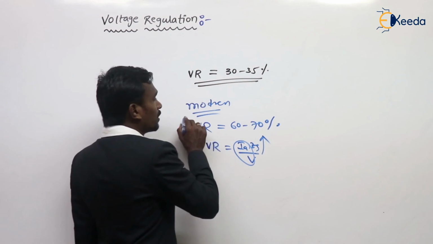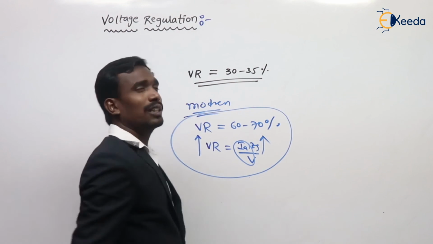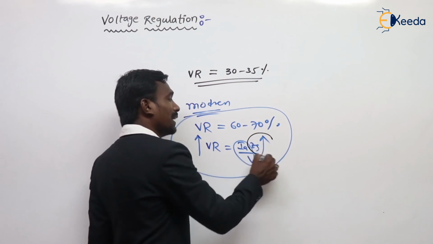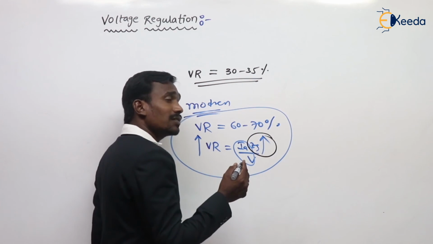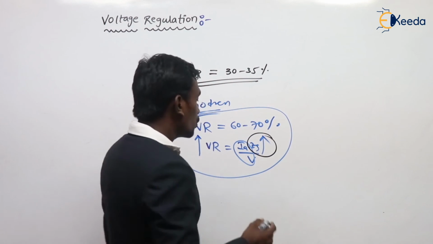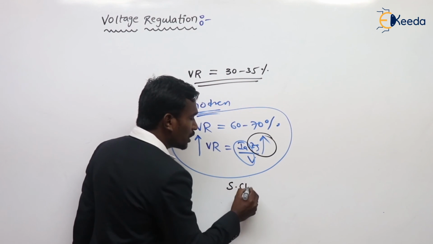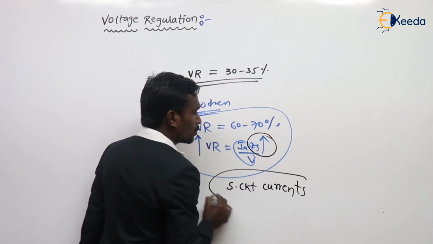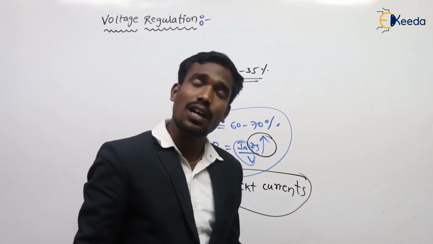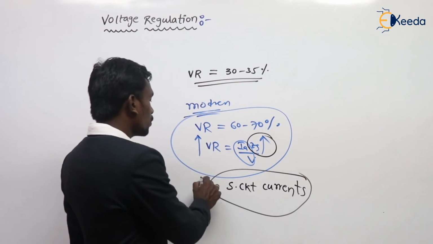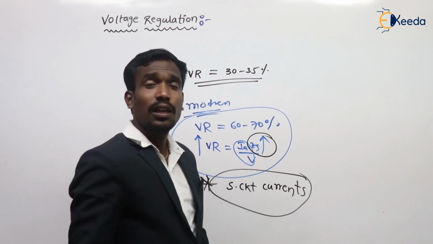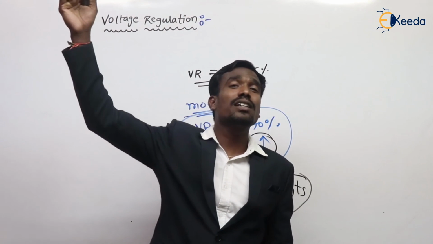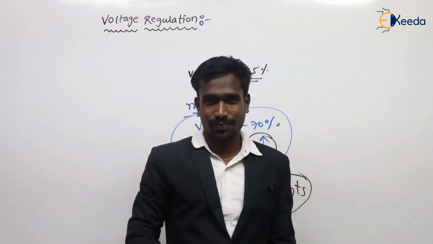Why are modern alternators designed for high voltage regulation? High voltage regulation means high impedance, which is very advantageous to avoid short circuit currents. So we maintain higher voltage regulation in order to avoid short circuit currents.